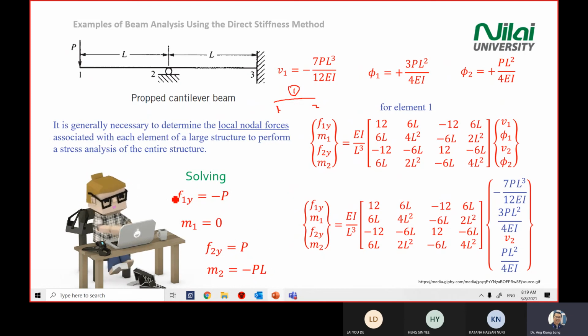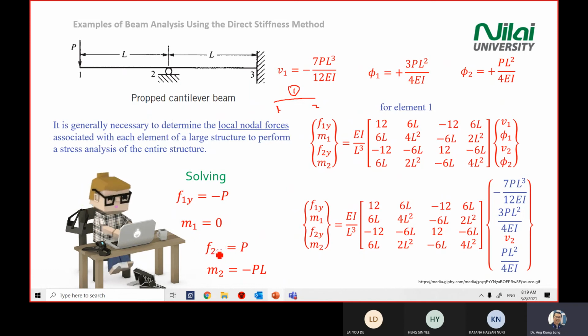So as you can see here, when it comes to tests, you need to know how to explain all the positive and negative signs. For example, in this case, F1y equal to negative P, you need to write something saying that F1y will be going down. There's no moment at element 1, at point 1.